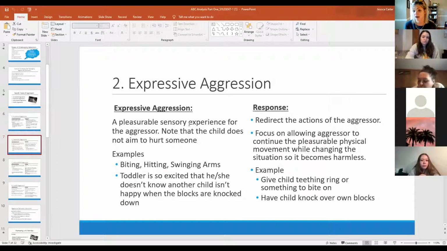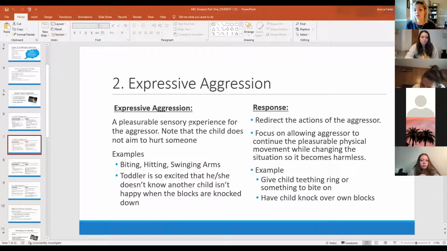They just have to get it out. And so sometimes really young children might be swinging their arms through space, biting themselves or another child. It's like they have too much emotion in their body and they just have to let it out, and it comes out physically and it may hurt another person. That's an example of expressive aggression.